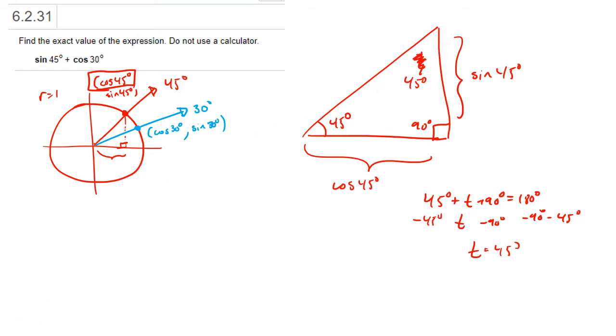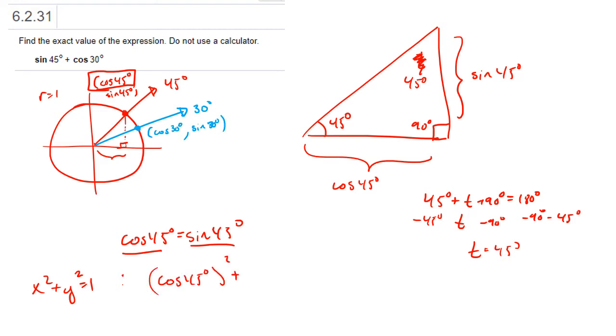So we've just determined that the cosine of 45 degrees must equal the sine of 45 degrees. This is the x-coordinate of this point on the unit circle, and this is the y-coordinate. But on the unit circle, x squared plus y squared equals 1. Therefore, the cosine of 45 degrees squared plus the sine of 45 degrees squared must equal 1.